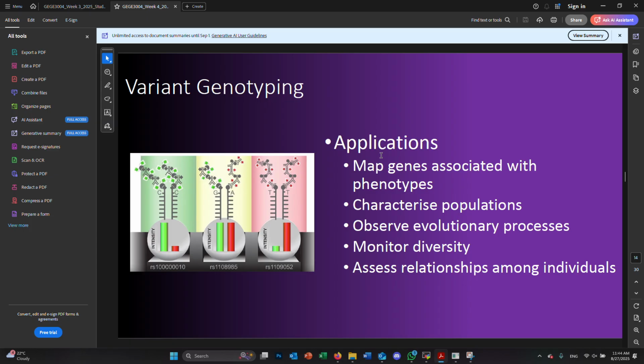Right? So there are some DNA quality measures that must be accounted for when you're looking at genotyping arrays as well. Now there are multiple applications for genotyping arrays. Some are listed here. You can map genes associated with phenotypes, you can characterize populations, you can observe evolutionary processes, you can monitor diversity, and you can assess relationships among individuals.